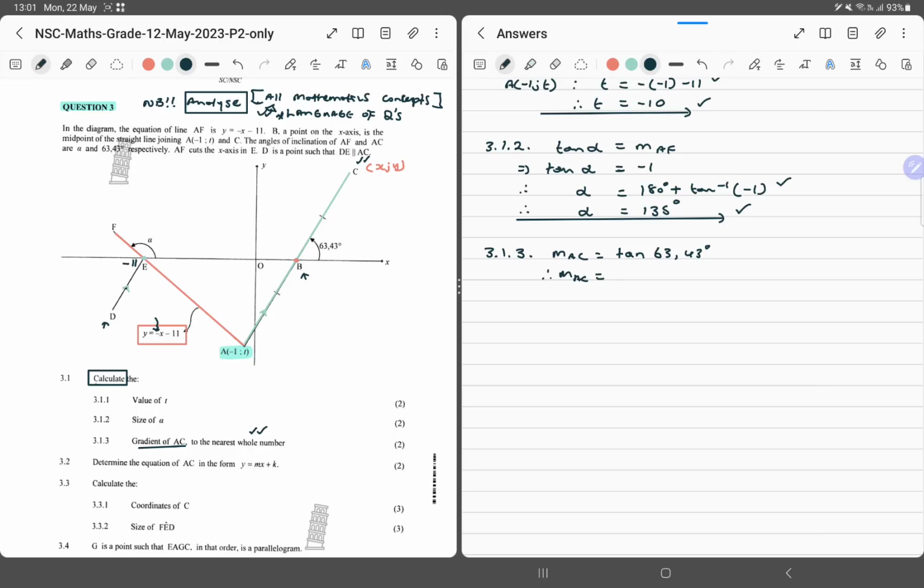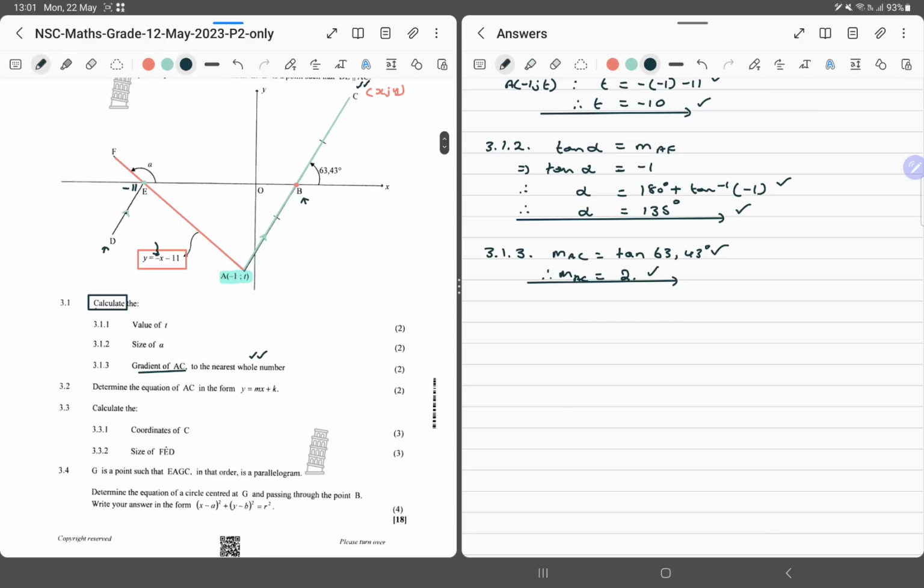Therefore, m AC is going to be tan of 63,43. Now, to the nearest whole number, it is 2. Okay? Great. So, again, here you're getting a mark here. Perhaps a mark for that, or a mark for that as well.